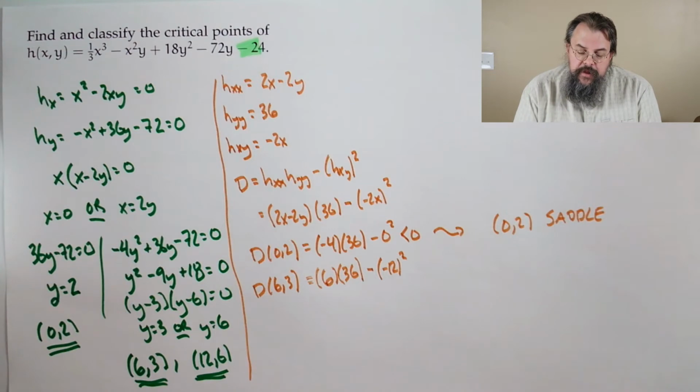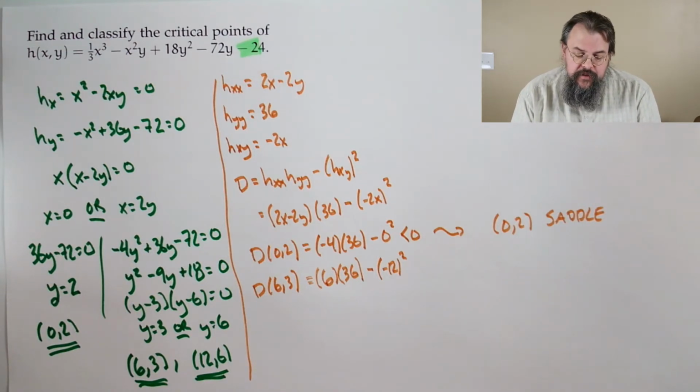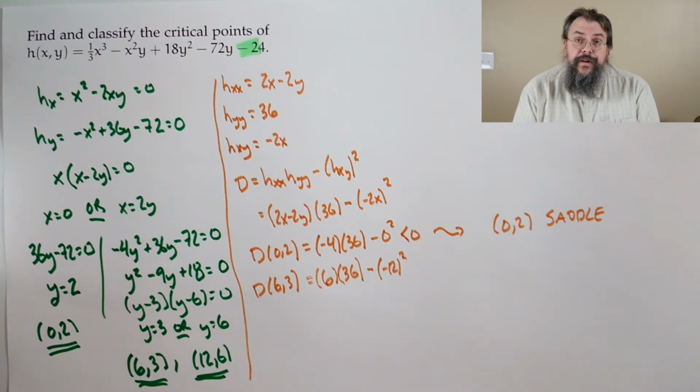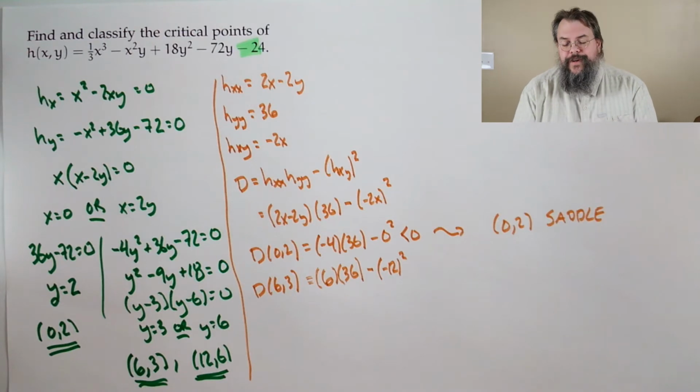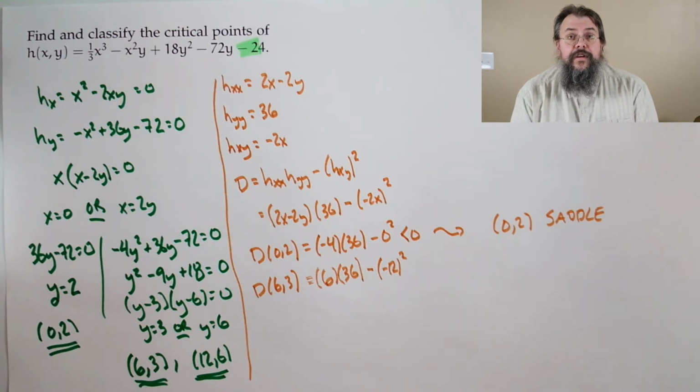You might wonder what that turns out to be. 6 times 36 would be 216, and 12 squared, that's the gross, still 144. But we don't need to know the number precisely. We just need to know the sign.